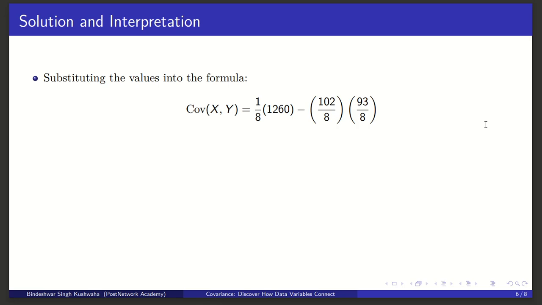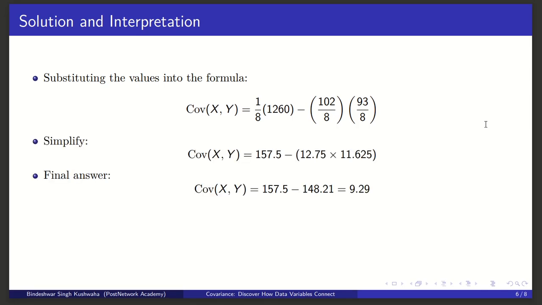If you plug in all these values, you will get 1 upon 8 times 1260 minus 102 upon 8 times 93 upon 8. If you simplify, finally you will get 9.29.